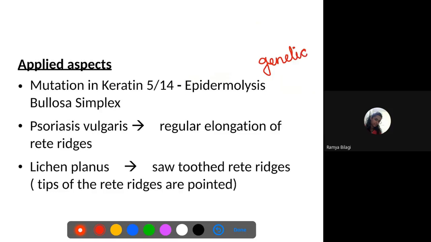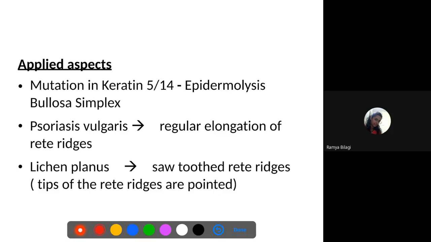And in a condition called psoriasis vulgaris, the rete ridges, that is the part of the epidermis projecting into the dermis, are regularly elongated. And in case of lichen planus, there is a sawtooth pattern. Sawtooth means it will be like this. Sawtooth rete ridges. So the rete ridges become pointed. The tips are pointed.